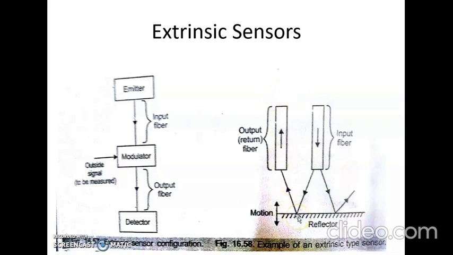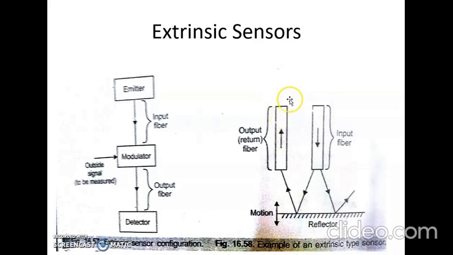Now when the reflector is moved up and down, the intensity of light at the output side of the output fiber changes. When the reflector moves away from the optical fibers, the intensity of light measured at the output side decreases, and when the reflector moves towards the optical fiber, the intensity of reflected light at the output fiber increases.